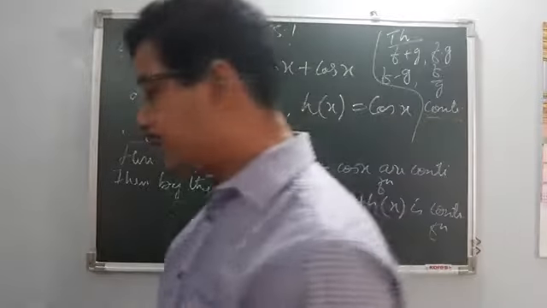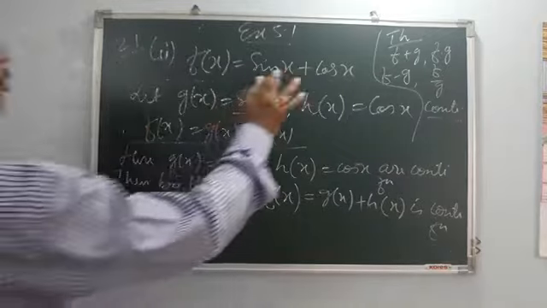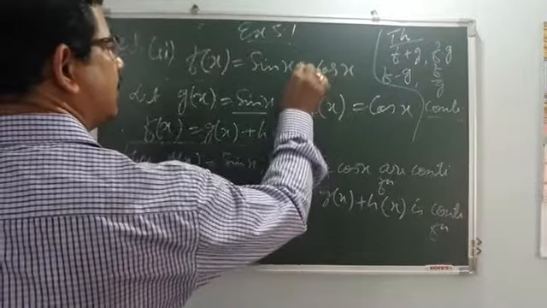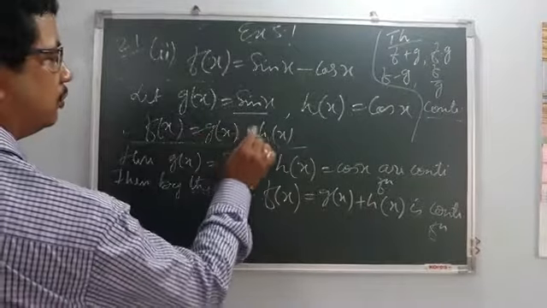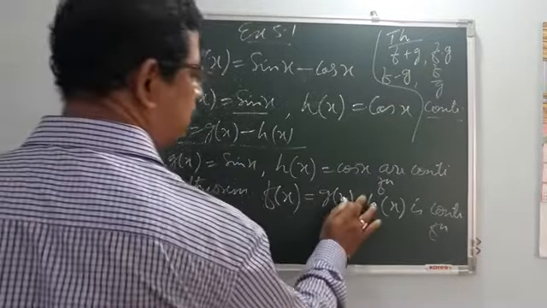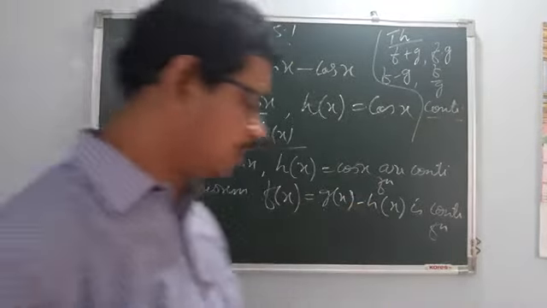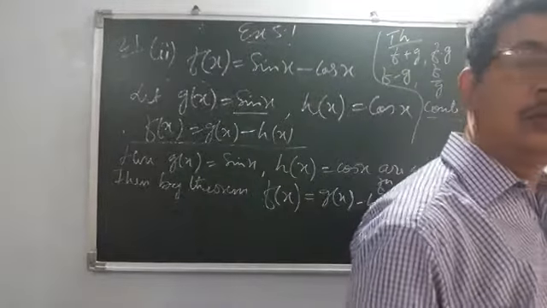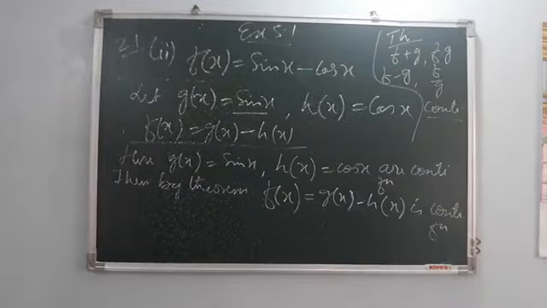Now the second part is similar, only here a minus sign is given. So we will proceed in a similar way. Only, you have to write f(x) as g(x) minus h(x). Then of course you will find this is your answer for part 2 of question 21.